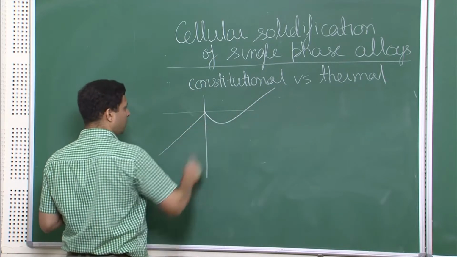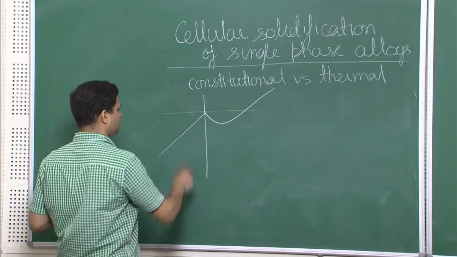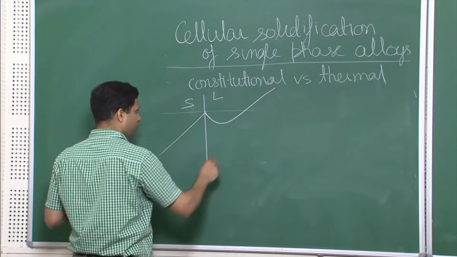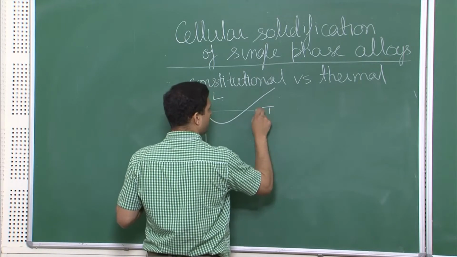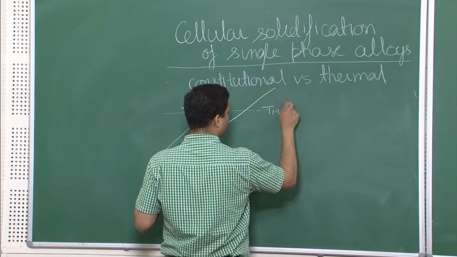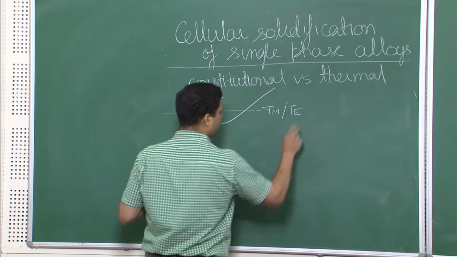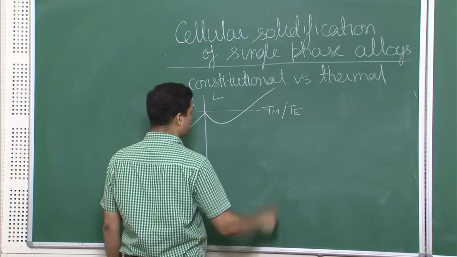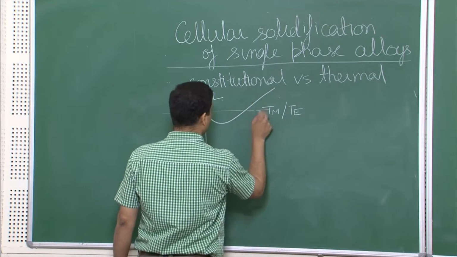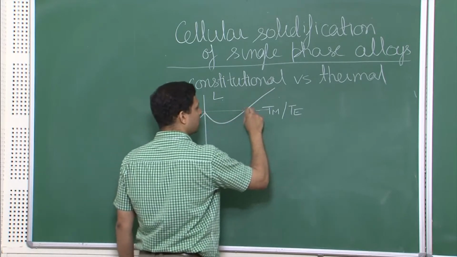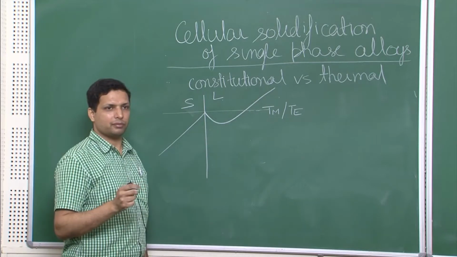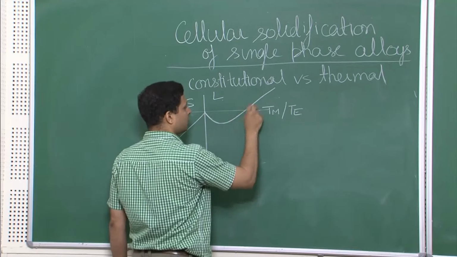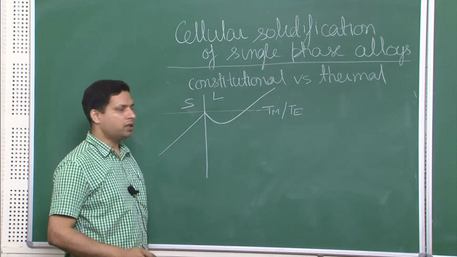Let us say what I have drawn here is the thermal gradient, and this happens to be the Tm or T eutectic, depending on whether you are talking about a pure material or an alloy of eutectic composition. So this is the melting point, but the actual temperature, for whatever reason, maybe in a localized pocket, the temperature profile is like this.